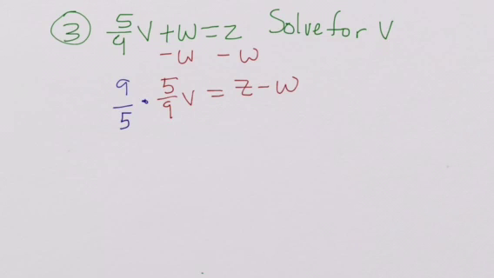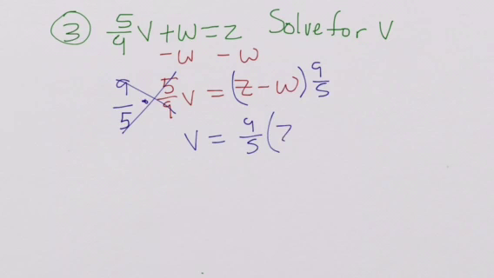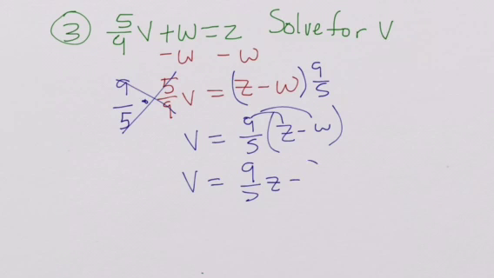Now in that case, we're going to also have to multiply this side by 9/5. So this cancels out, and we're going to have V is equal to 9/5 times Z minus W. And to simplify that, we're going to go ahead and rainbow. So V is equal to 9/5 Z minus 9/5 W.